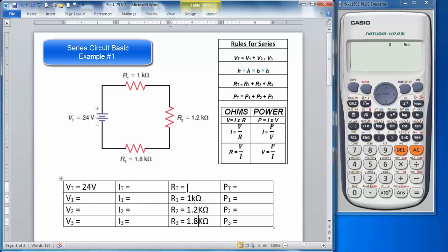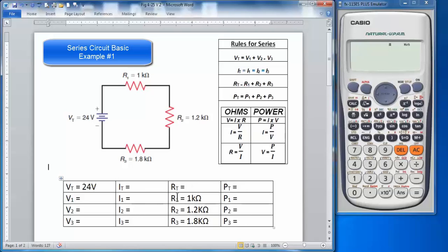That's the only values we have at this time. So anytime that we get two of the three out of voltage, current, and resistance, we can solve for the third. We're always going to leave power to be done last. So for right now, let's just leave power alone and focus on the first three columns here.